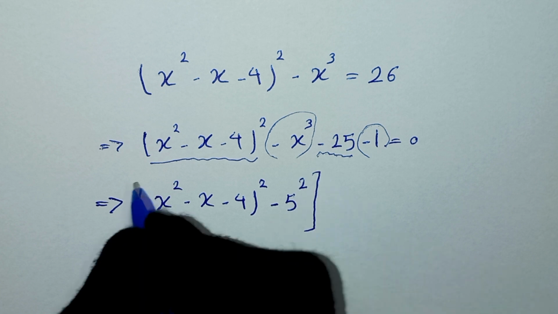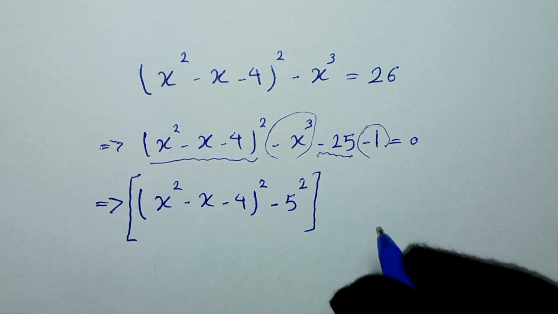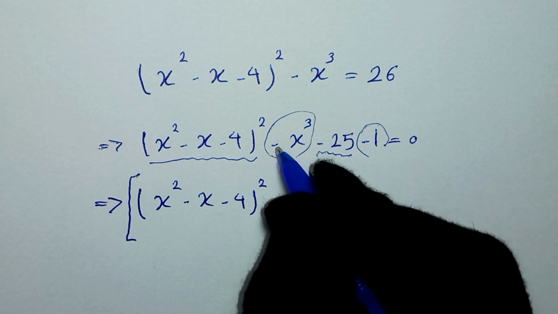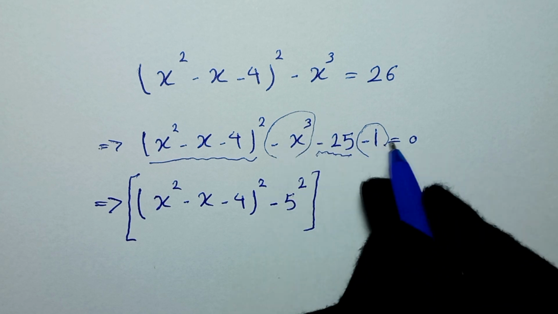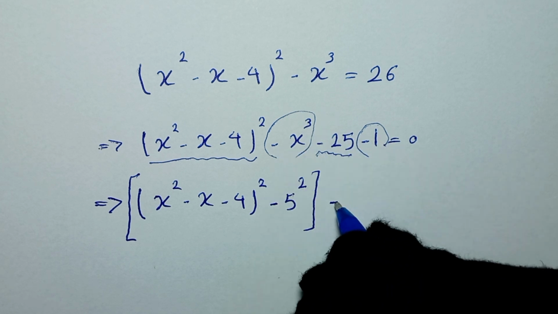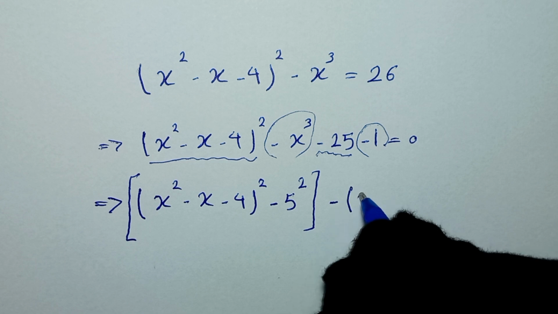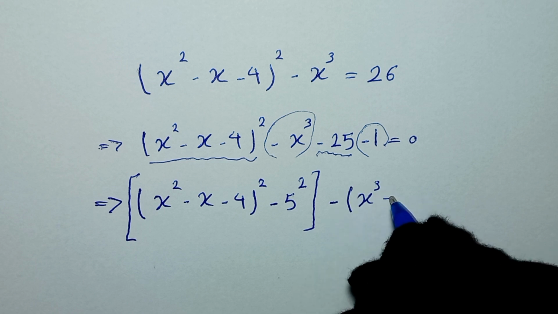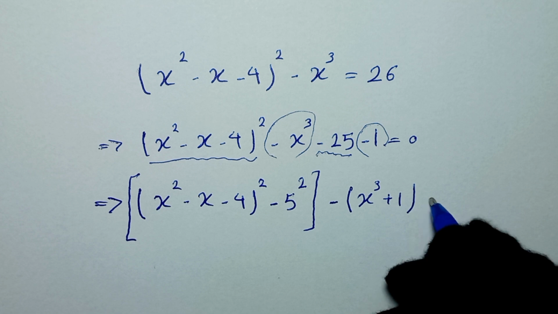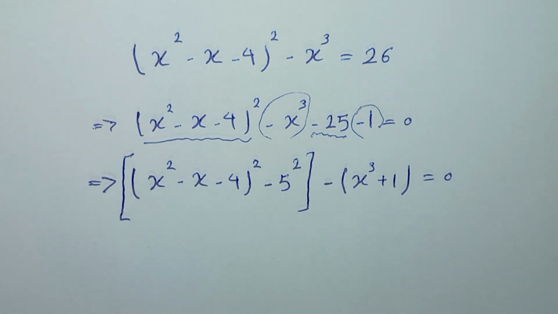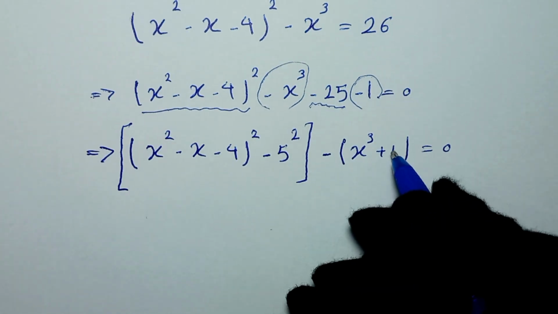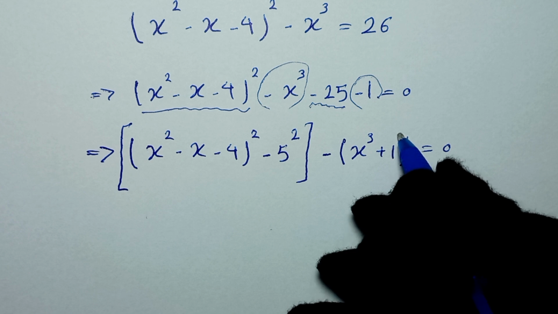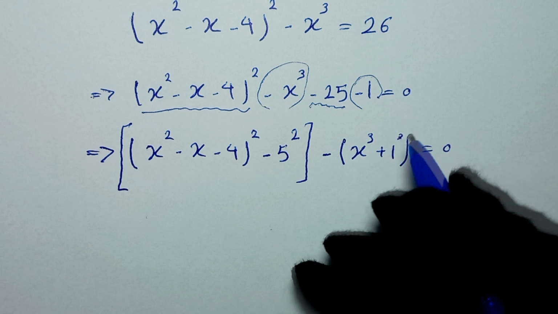And we take these two parts together: minus x cubed minus 1. If we factor out negative 1, it will be x cubed plus 1 is equal to 0. And here we can write this 1 as 1 to the power of 3, right? 1 to the power of 3 is also 1.